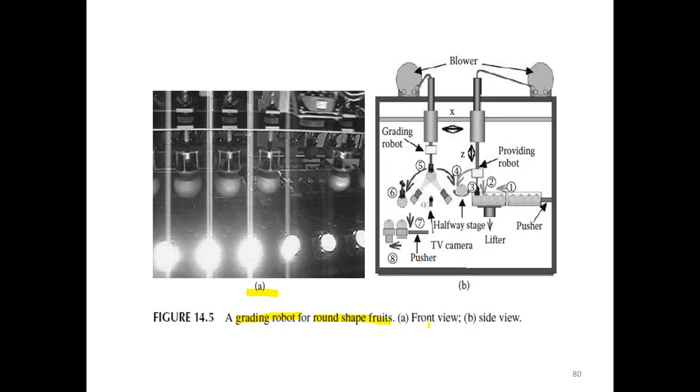Sub-image A is the front view, and sub-image B is the side view. From the side view we can see here the grading robot, and this one is the providing robot. We have a pusher and lifter, a halfway stage, a camera here, and a pusher here. They work together to conduct this function to grade the fruit.